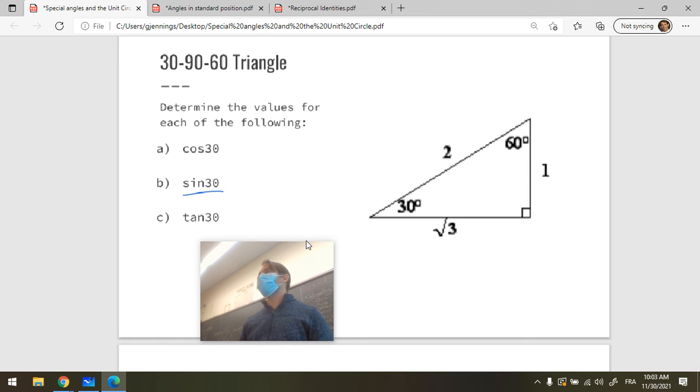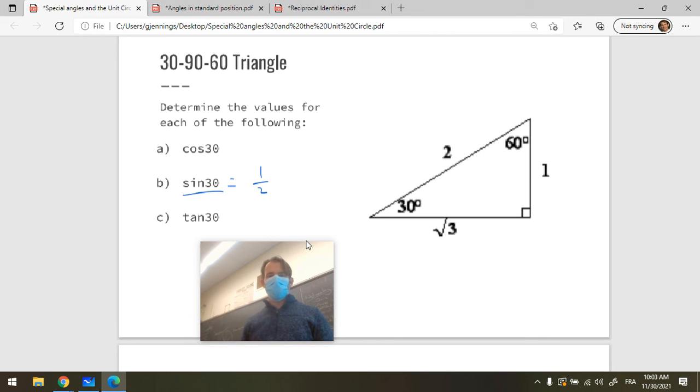You've known this since the start of the unit. You have to go through it in your mind to get value from this type of exercise. Sine is opposite over hypotenuse. What's my opposite here? 1 over 2. So sine 30 is 1 over 2.